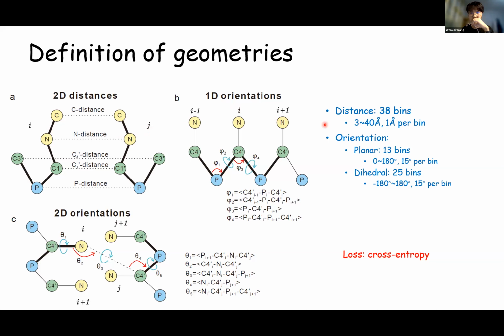Similar to trRosetta, we divide the value range into tens of bins, and we predict the probability of the value falling into each bin rather than predicting the real value. So this is a multi-class classification task, and the loss function is cross entropy.